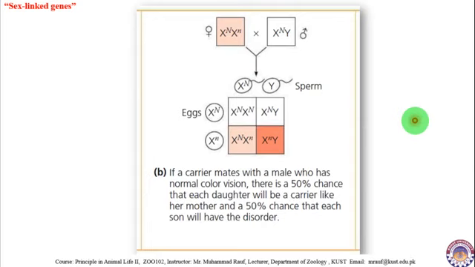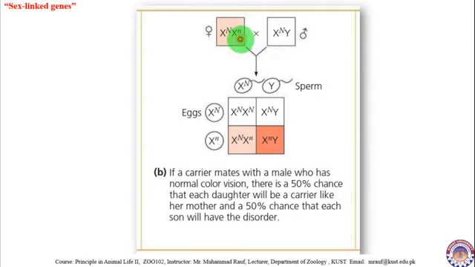Now in this example, the female is a carrier. In the previous example, the female was healthy without any defective allele for color blindness. Here, the female is a carrier and the male is normal.